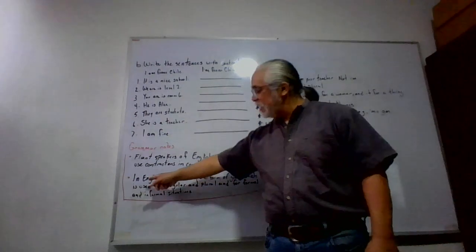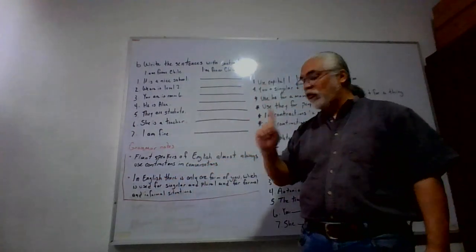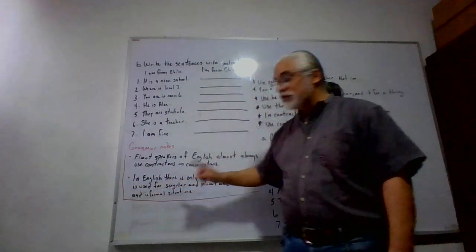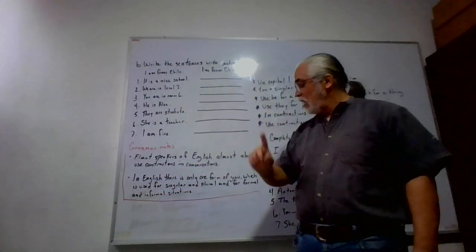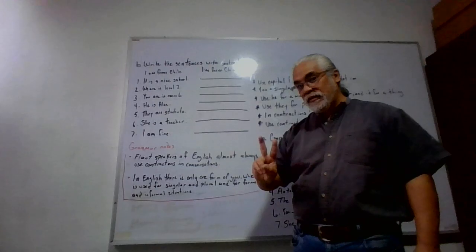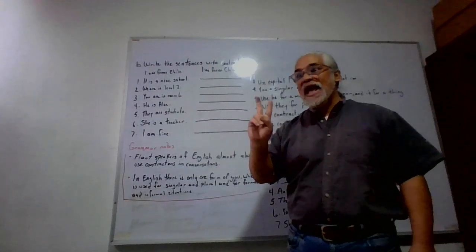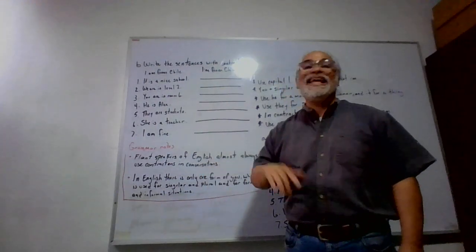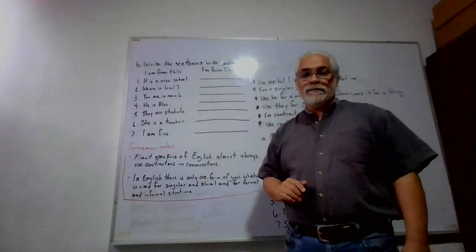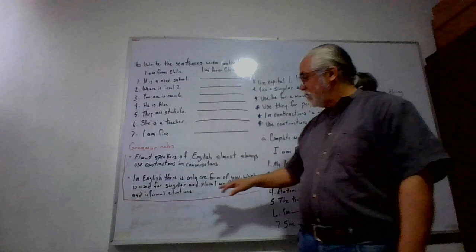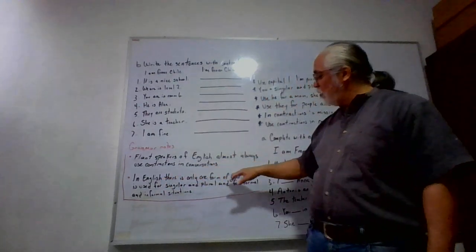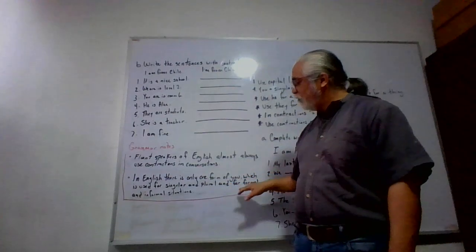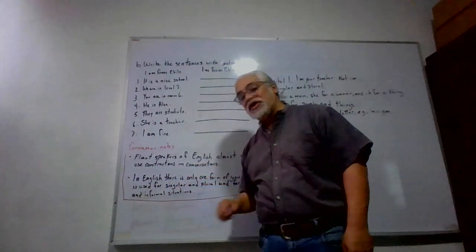The second part is, in English there is only one form of you, which is used for singular and plural, and for formal and informal situations.